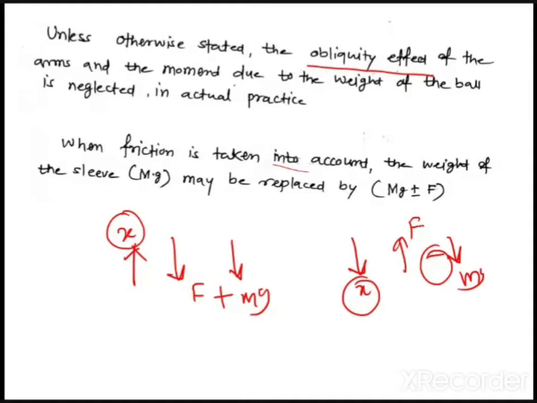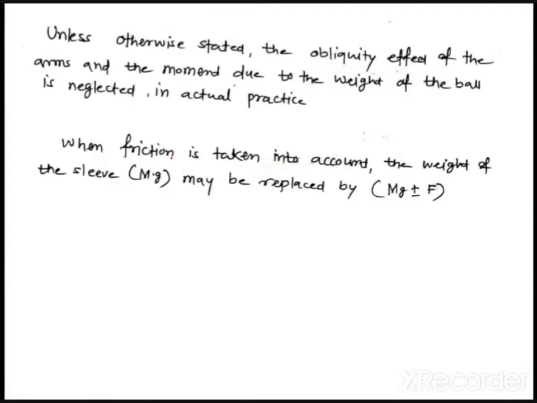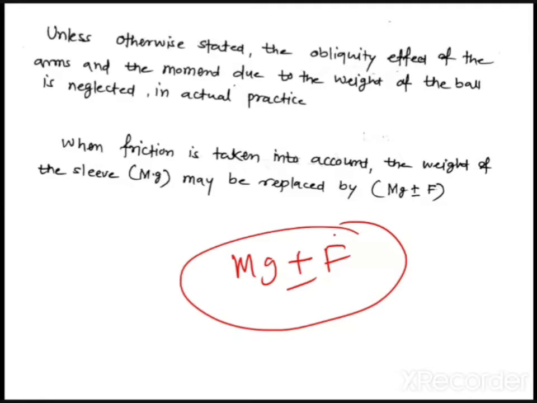Is it clear? So similarly, when friction is taken into account, the weight of the sleeve may be replaced by mg plus or minus f. This is the same as the Porter governor. When the sleeve movement is upward, it becomes plus; when the sleeve movement is downward, it becomes minus.